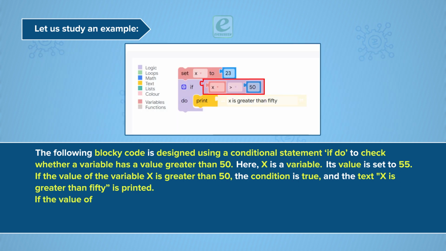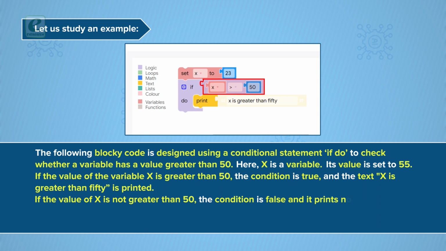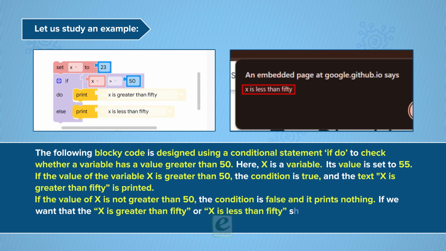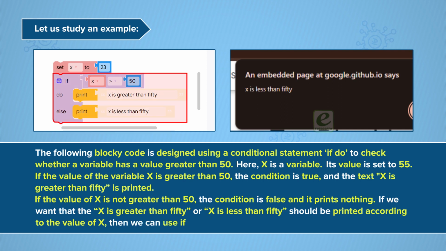If the value of x is not greater than 50, the condition is false and it prints nothing. If we want that "x is greater than 50" or "x is less than 50" should be printed according to the value of x, then we can use if-else blocks as shown.